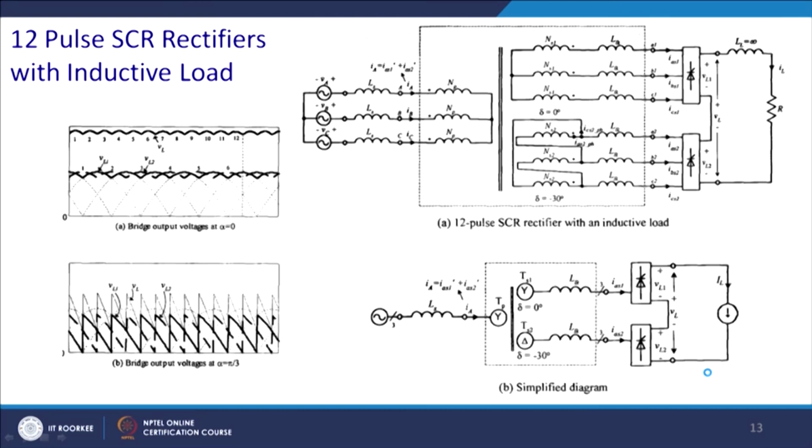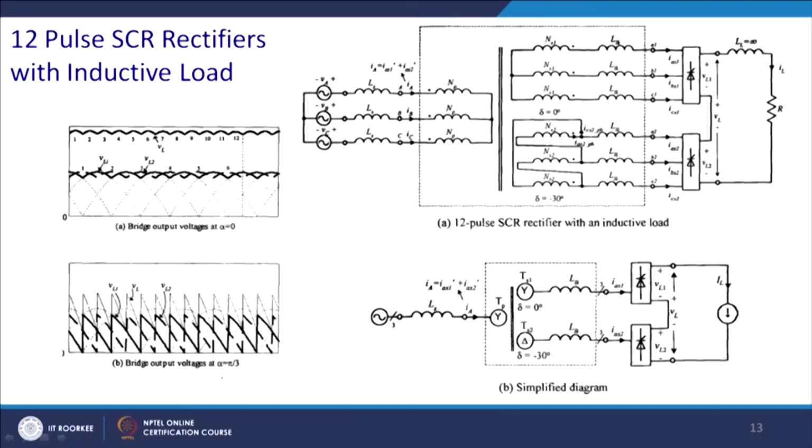Now, you have a 12 pulse converter and you are feeding a highly inductive load. Then you will see that this is for alpha equal to 30 degree, phase shifted by 30 degree, and this is for alpha equal to 0, and ultimately the output voltage.